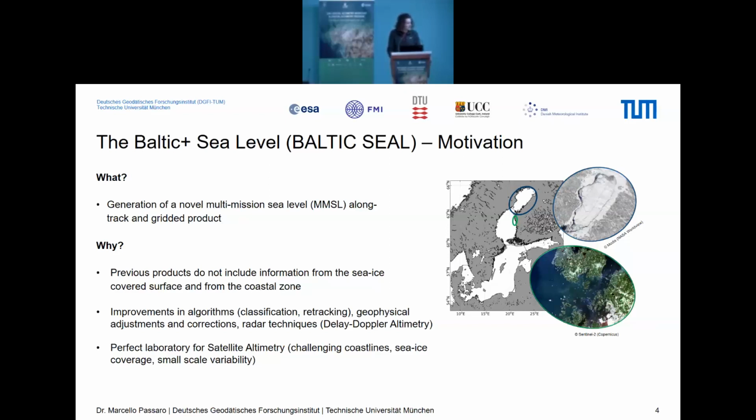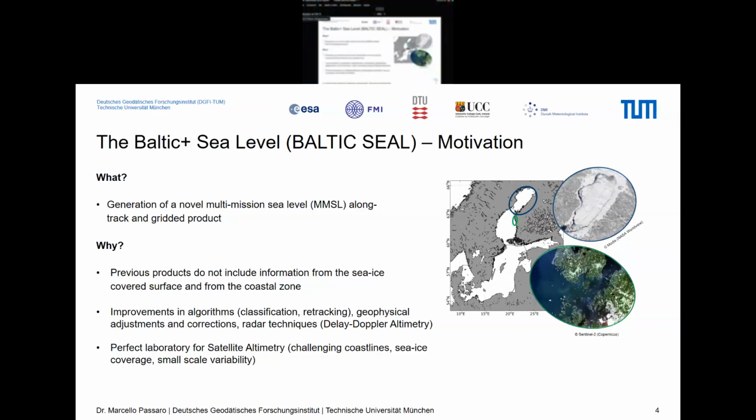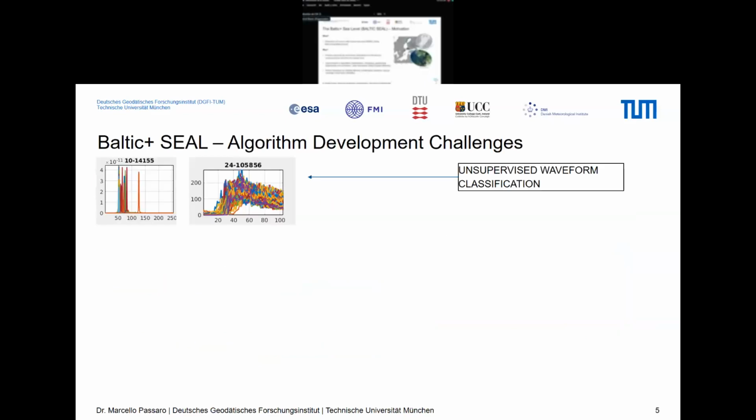And also we have the occurrence of seasonal sea ice coverage in the Gulf of Finland and the Bay of Bothnia. So we also have to identify whether we're observing sea ice or open water or leads. So that's why it's a perfect laboratory to apply advanced pre and post processing algorithms.